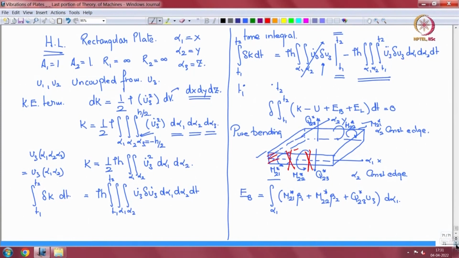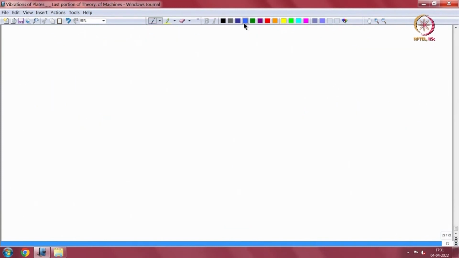Now, with this logic, if we write the full boundary term, the variation of the integral of the boundary term dt is equal to the integral from T1 to T2, integral over alpha 1, of M21 star, the variation lands on beta 1, plus M22 star delta beta 2 plus Q23 star delta u3, d alpha 1.